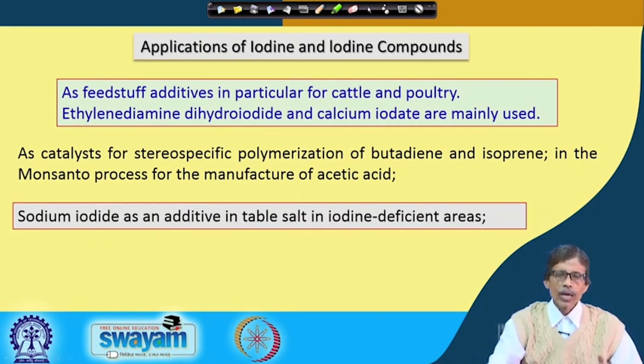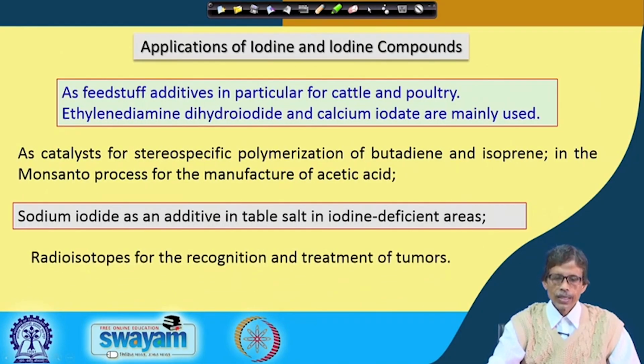Again, since we are talking about application in food material, you must have very high purity of those materials. That means the sodium iodide or some amount of iodate should be of food quality. So, food quality material should be used for addition to these table salts.